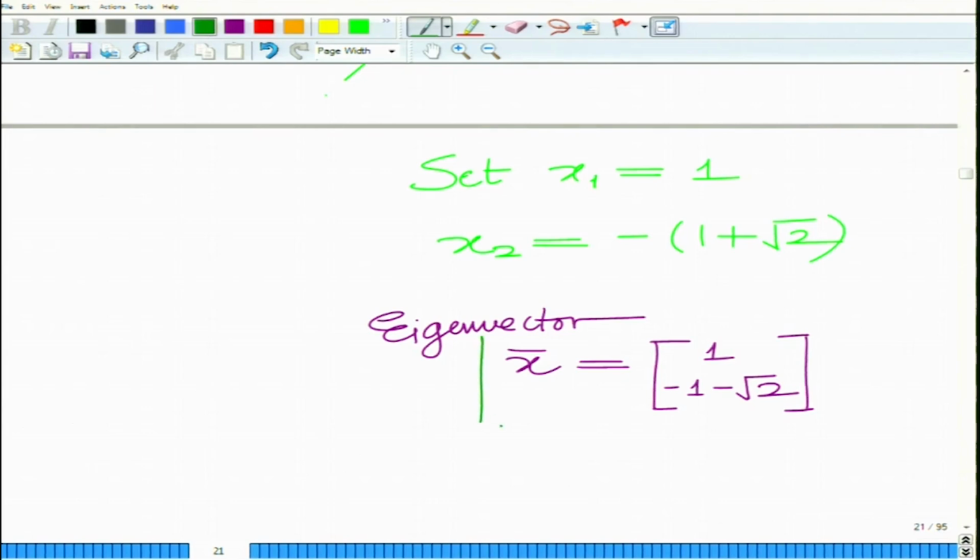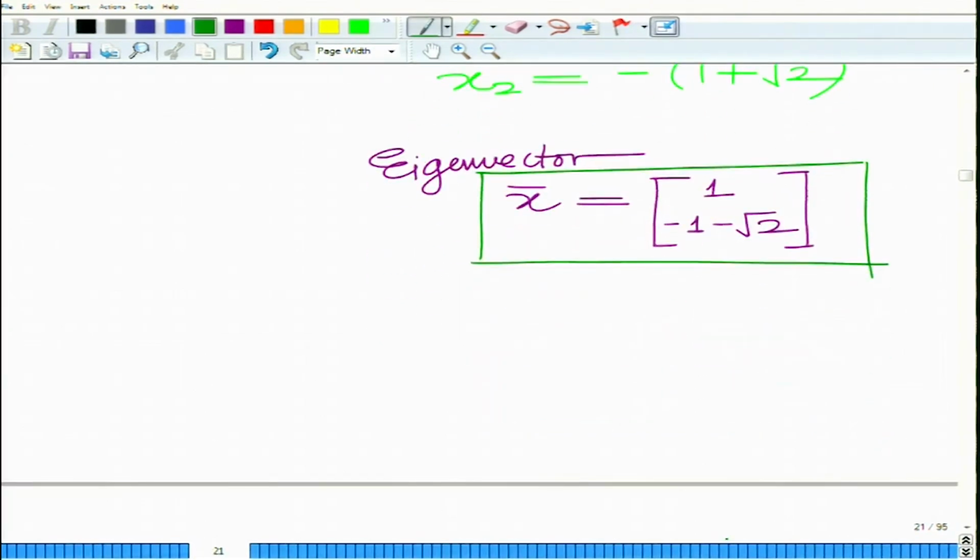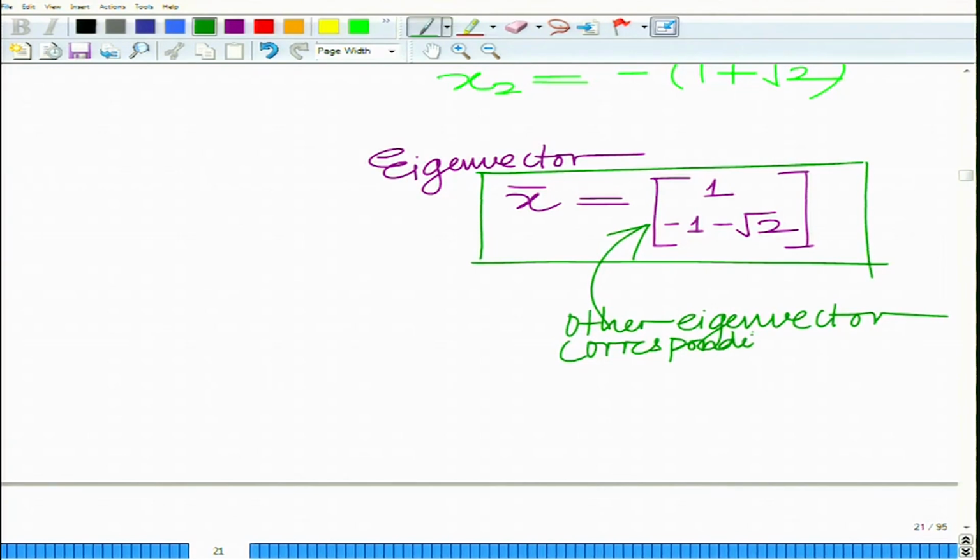Okay, so this is the other eigenvector corresponding to the other eigenvalue minus square root of 2.